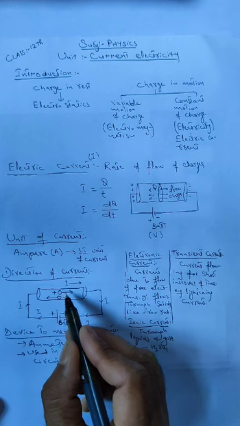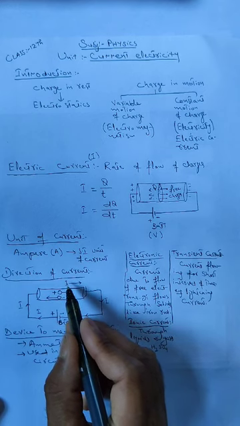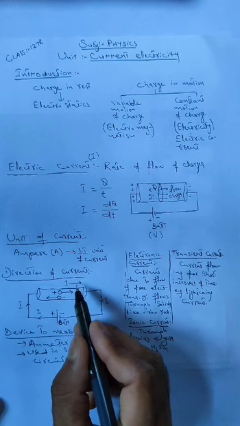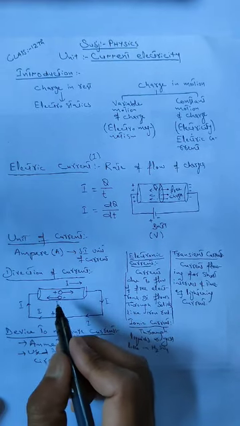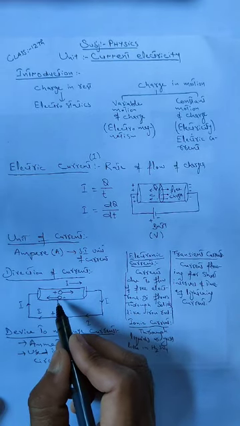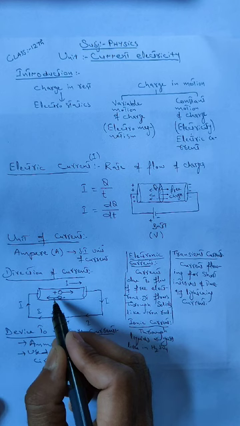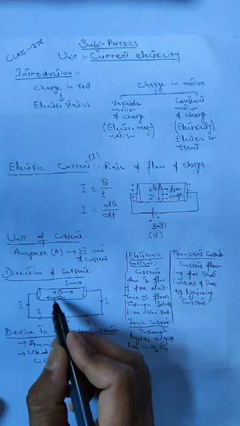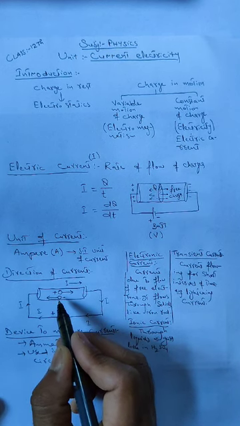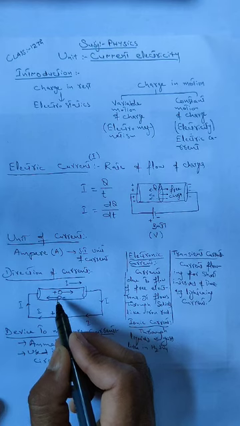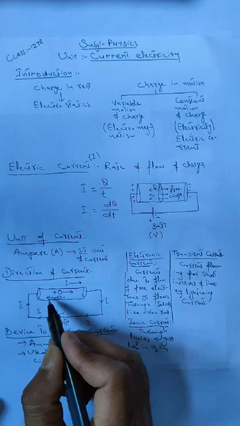In other words, the direction of current is opposite to the direction of flow of negative charges. Since electrons have negative charge, the direction of current and the direction of motion of electrons are opposite.